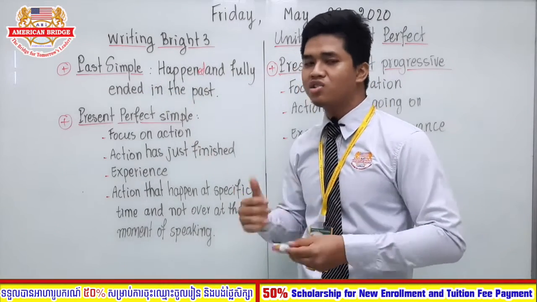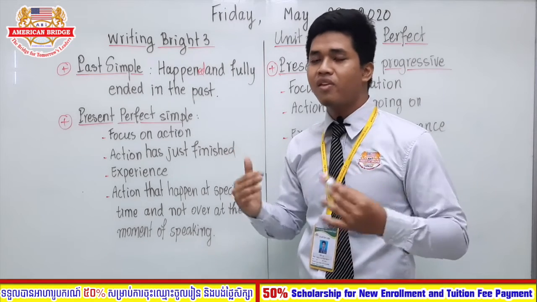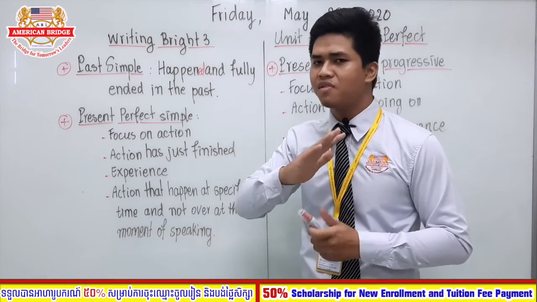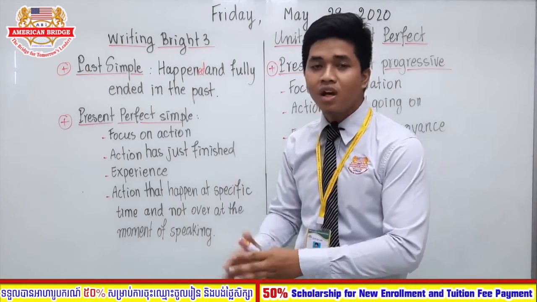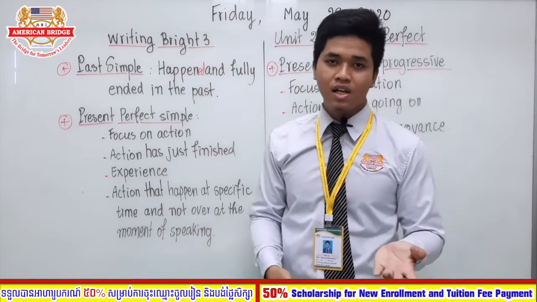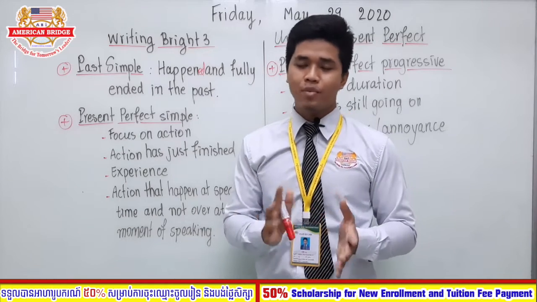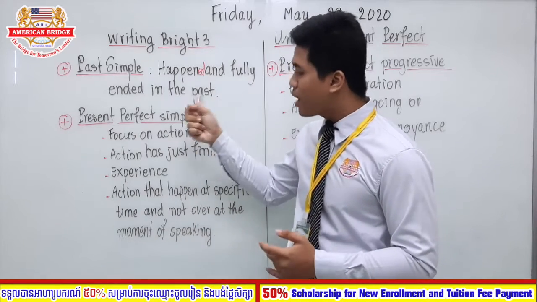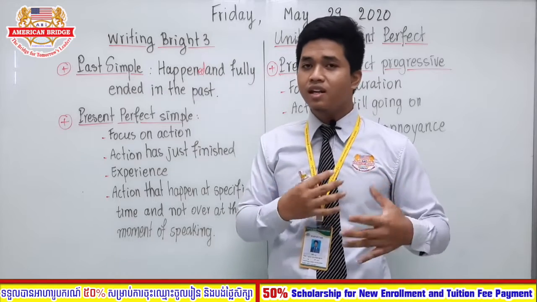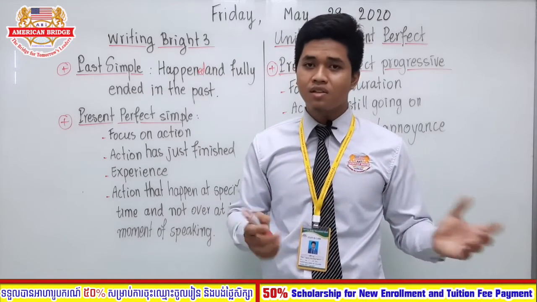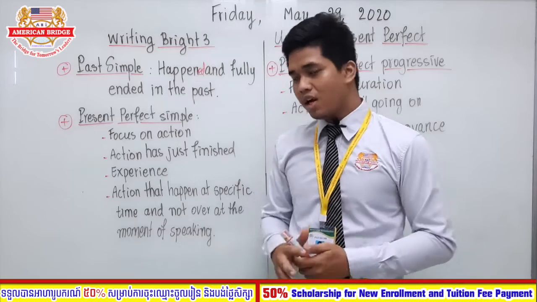Those actions just happened in the past and have nothing to do with the present. For example, let's say yesterday I went shopping. That activity happened in the past and fully ended yesterday, right? It has nothing to do with today.